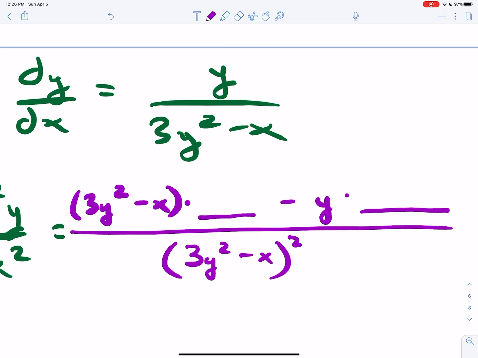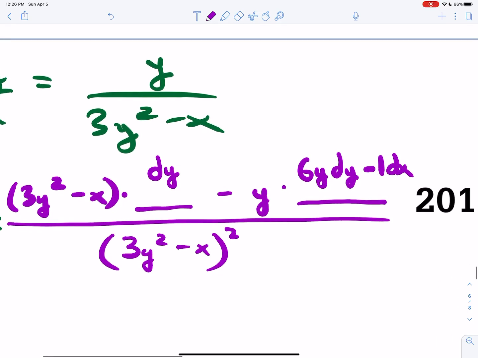Okay, so here we go. The derivative or differential of the top, the derivative of y is just 1. So the differential is just dy. The differential of the bottom is going to be 6y dy minus 1 dx.